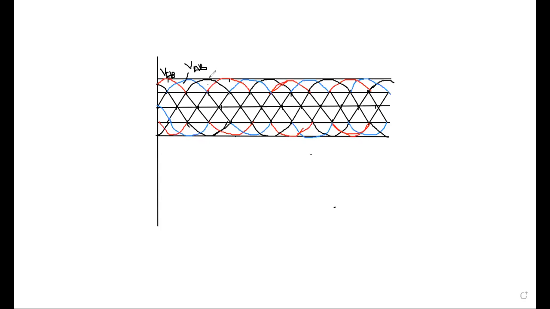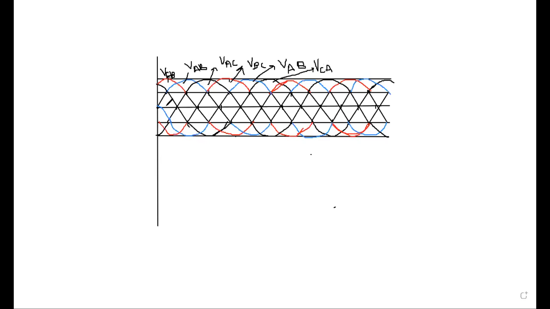And this is VAC. Okay. Next again, this is VBC. And this one is VAB. Next, this one is VAC or VCA. So this way it will continue.